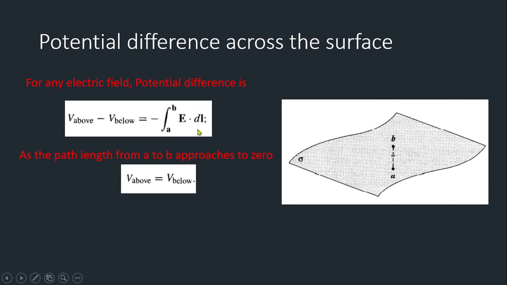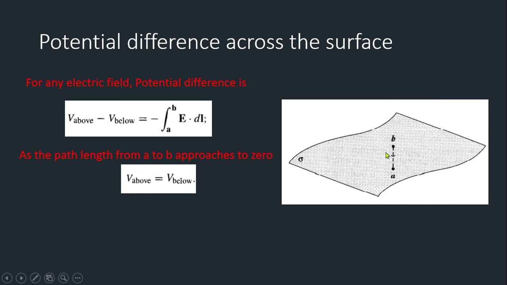This is the equation that we have used in the second chapter when we studied the topic of the potential difference, and we take this path from A to B approaches to 0. From A to B this path is very small, so this line integral goes to 0, and we get V above is equal to V below.